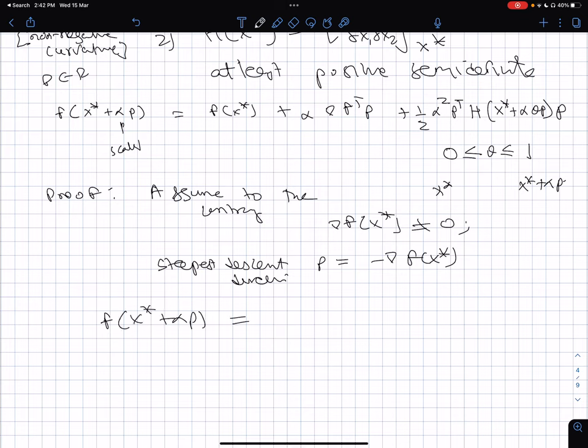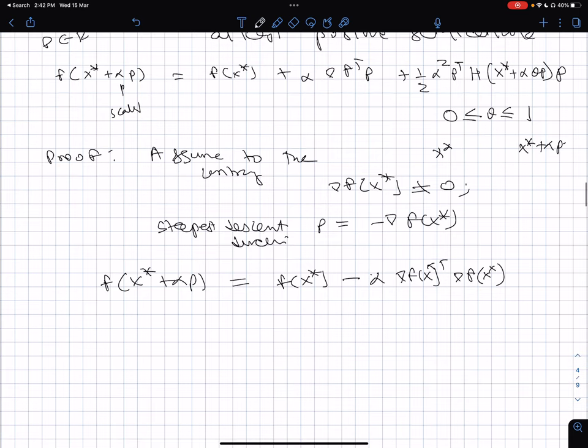Now if you substitute it here, you will see that your function is f of x star minus alpha times gradient of f at x star transpose gradient of f at x star, plus half of alpha square p transpose h of x star plus alpha theta p times p.